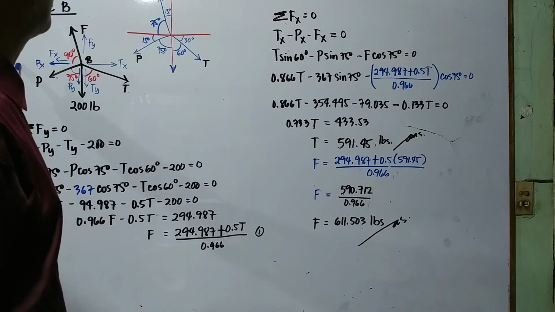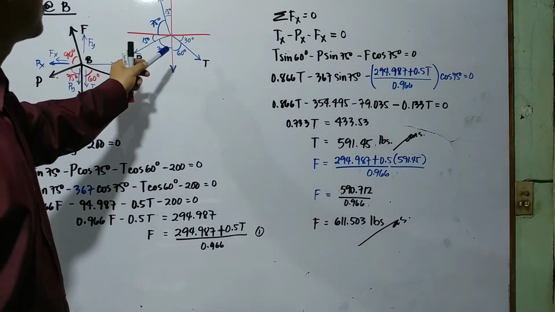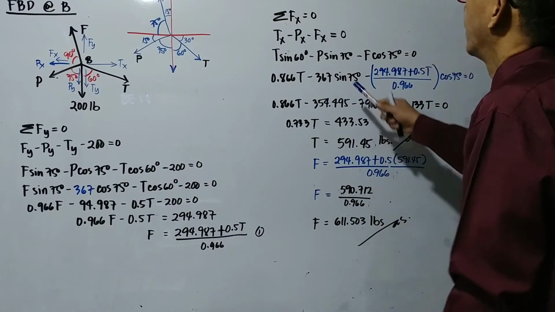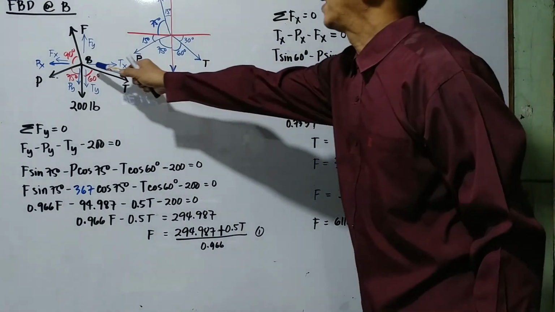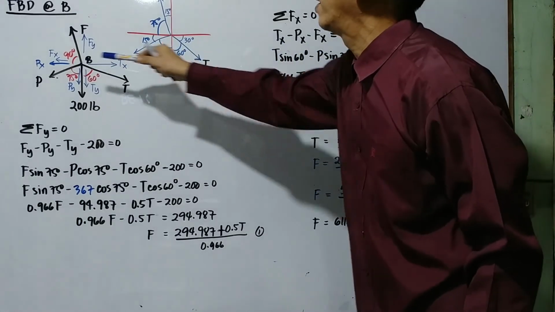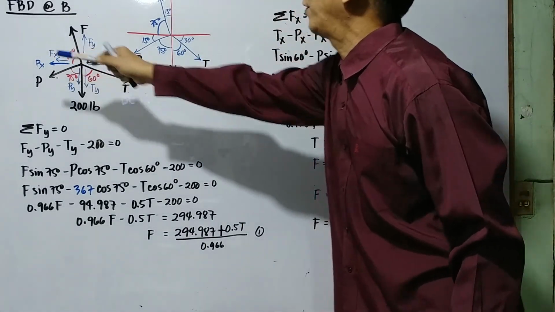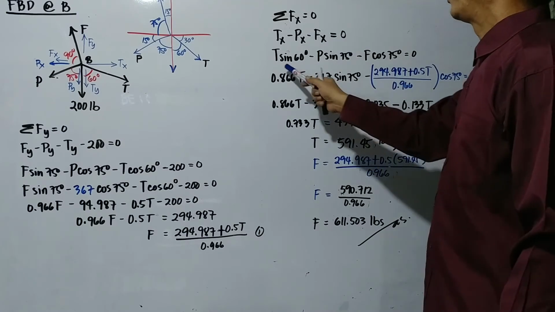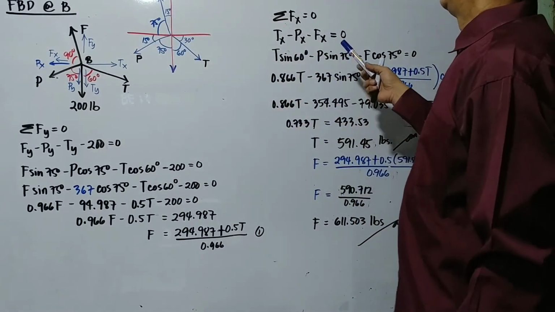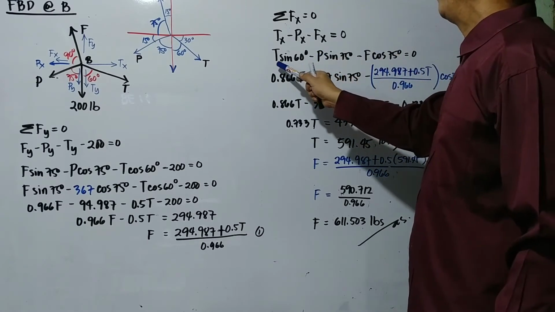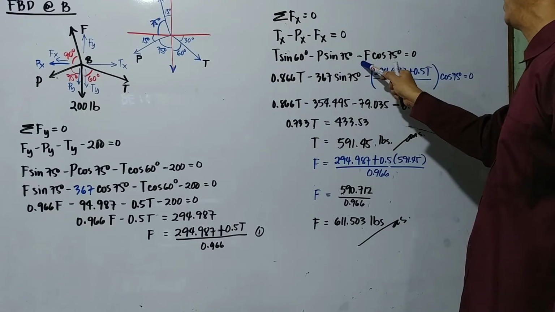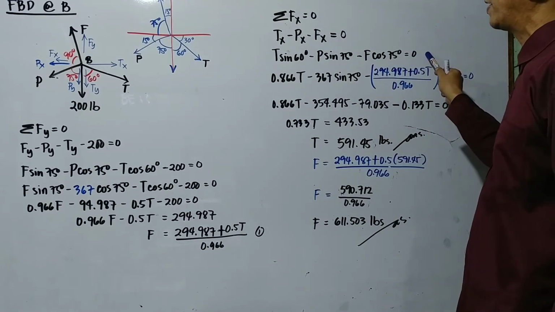Taking summation of forces along the x-axis, Tx going to the right is positive, minus Px, and Fx going to the left is negative. Using this magnified drawing, we have T sine 60 minus P sine 75 minus F cosine 75 equals 0.